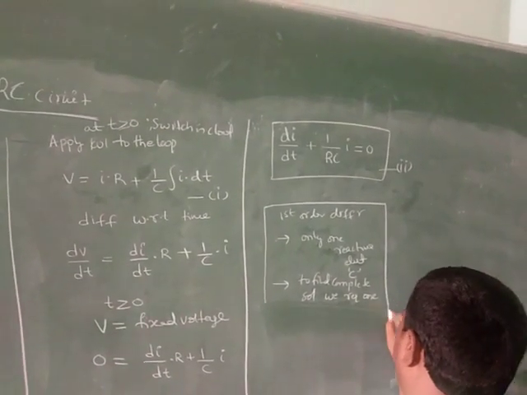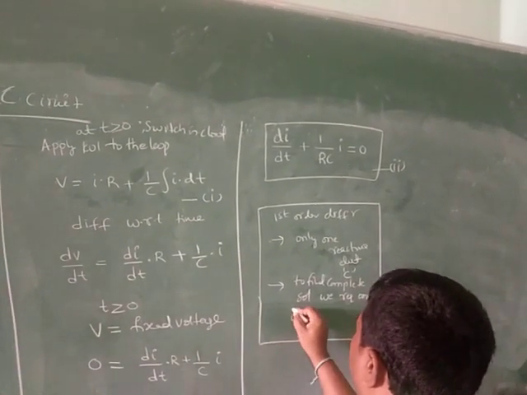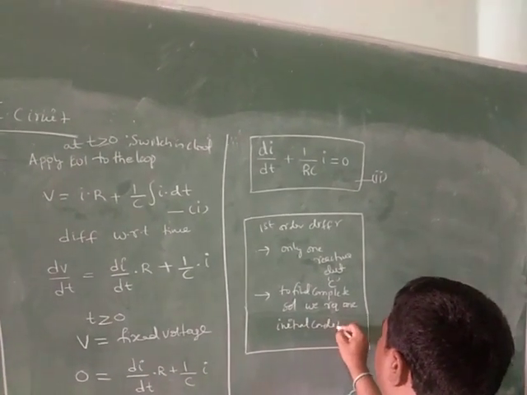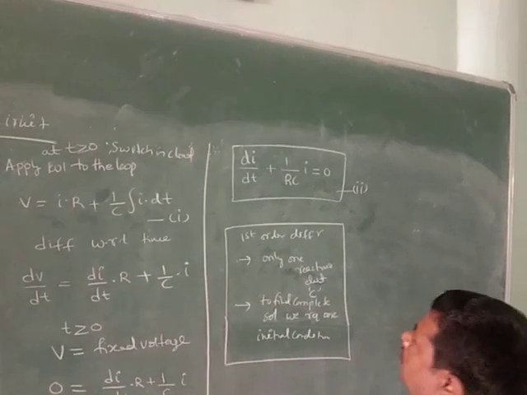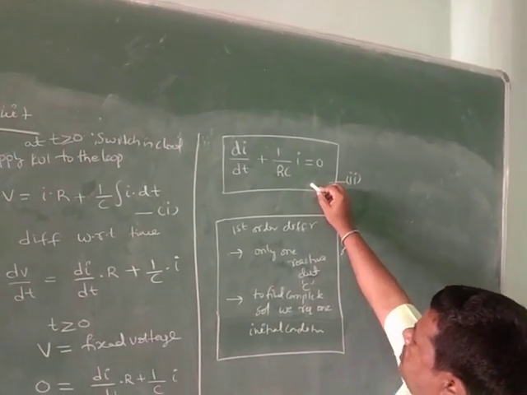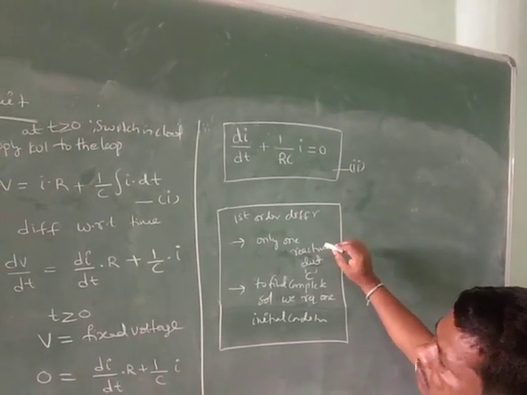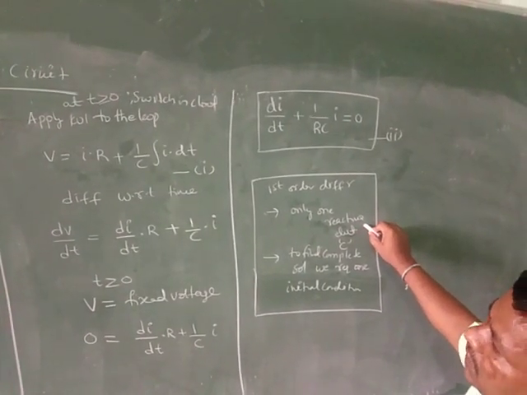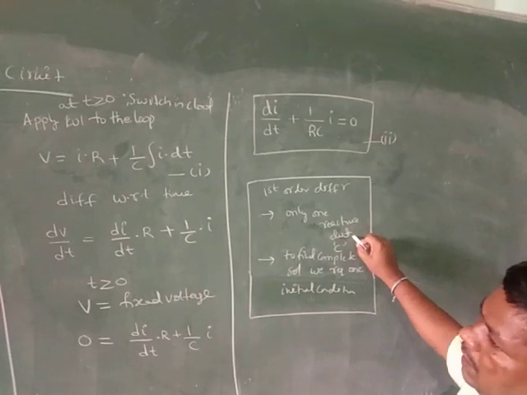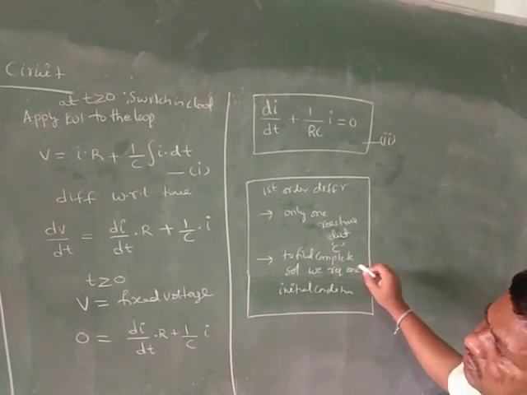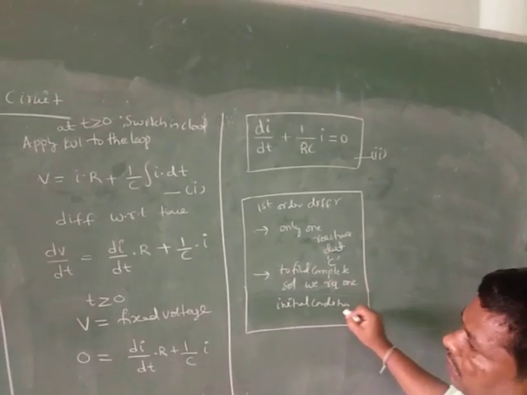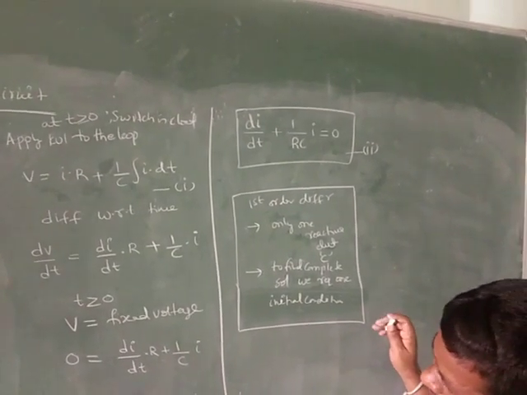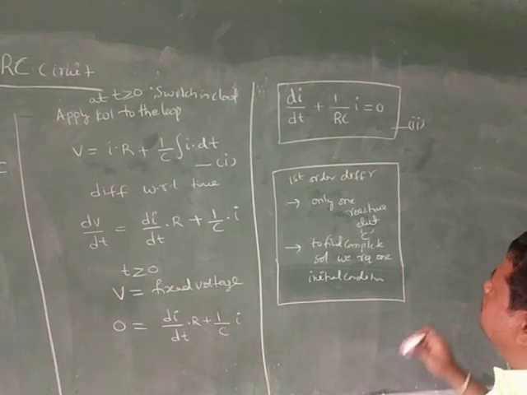The circuit consists of only one reactive element, the capacitor, and to find the complete response we require only one initial condition, that is the voltage across the capacitor V of 0 minus is equal to the given 0 volt.